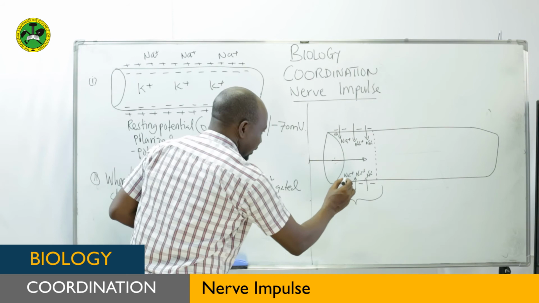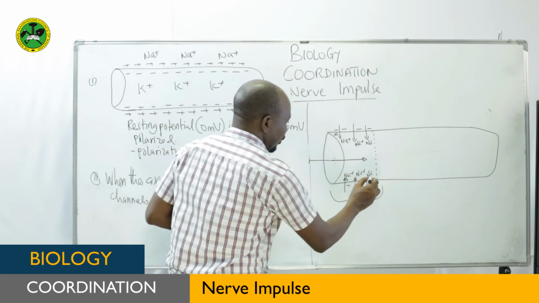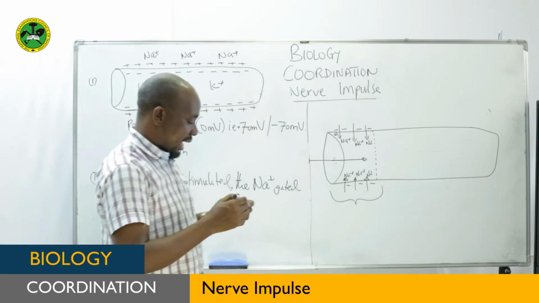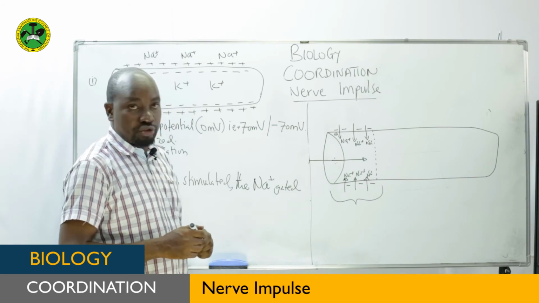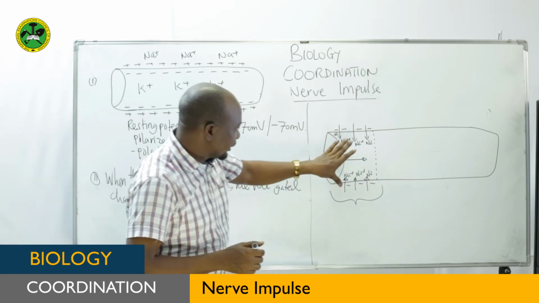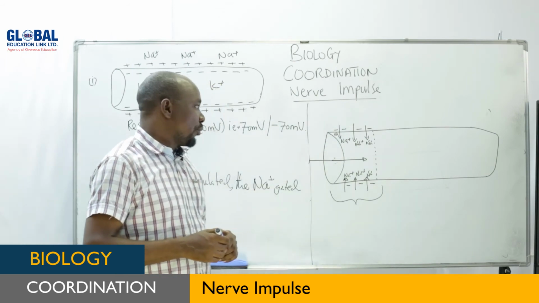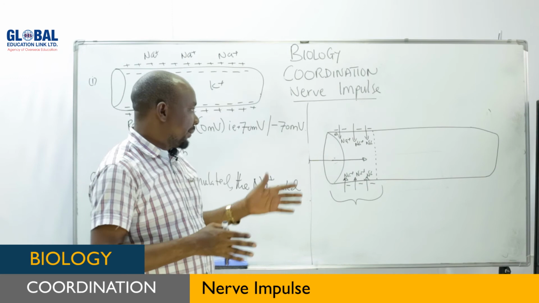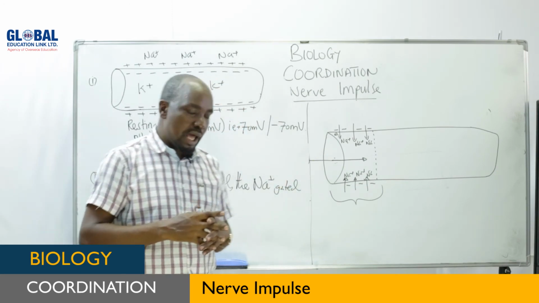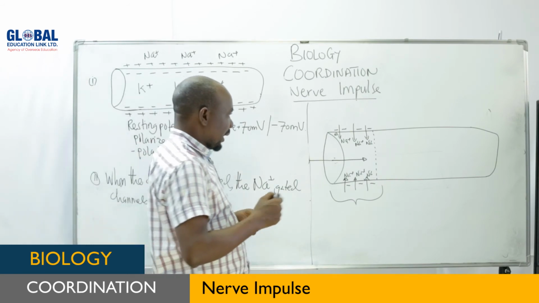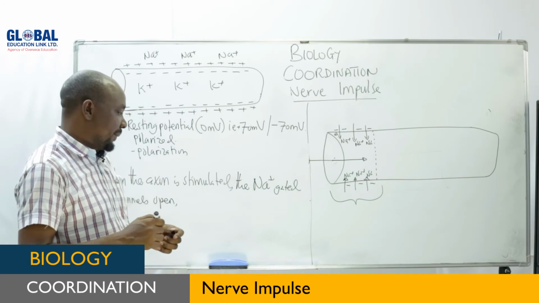It is depolarized simply because the sodium ions have now rushed into the axon plasma. So in this situation, the axon inside is now positively charged. There are many cations due to the influx of sodium ions. And this piece is conducting the nerve impulse.